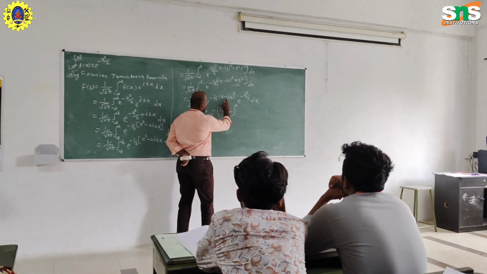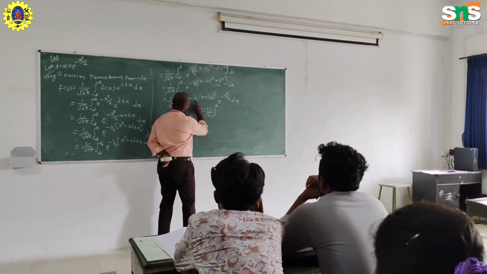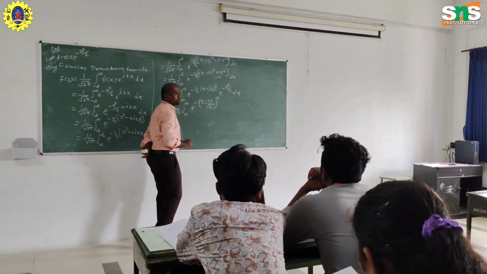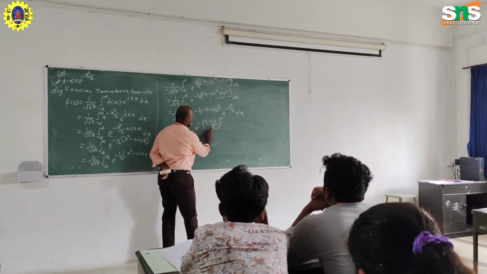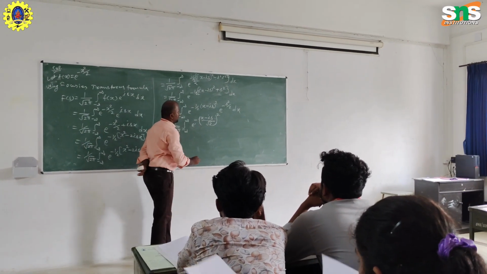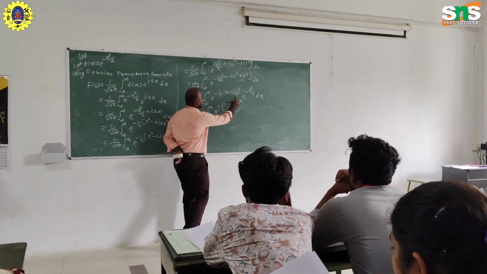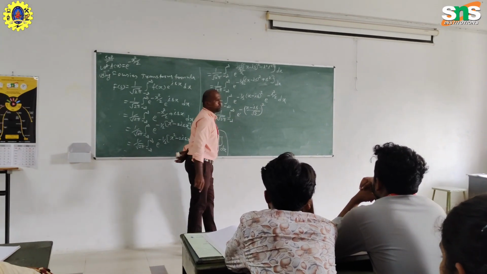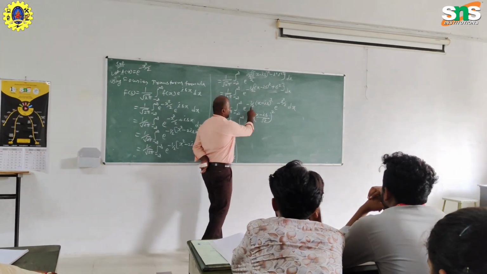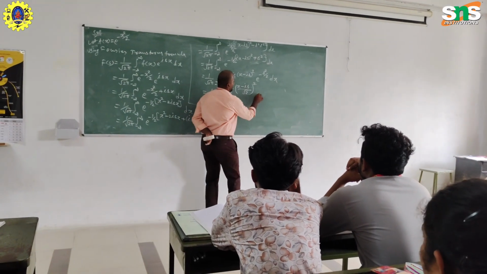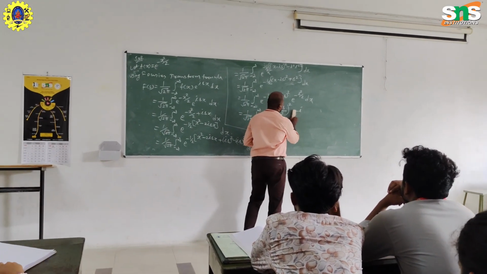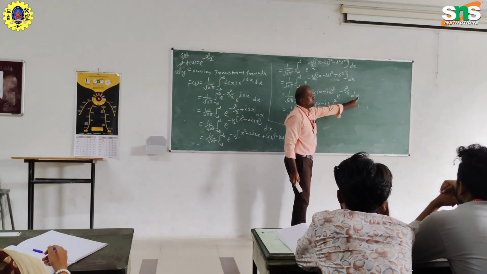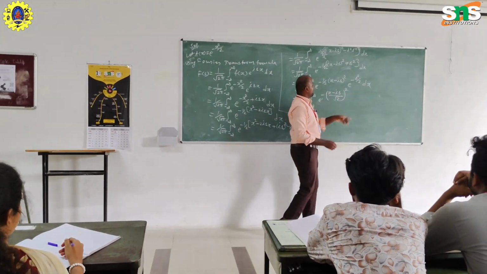Commonly we have to take the root 2 value, so x minus is divided by root 2 the whole square. Then root 2 the whole square is 2, into e power minus s square by 2, integration with respect to dx.